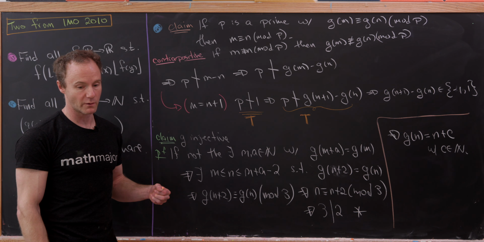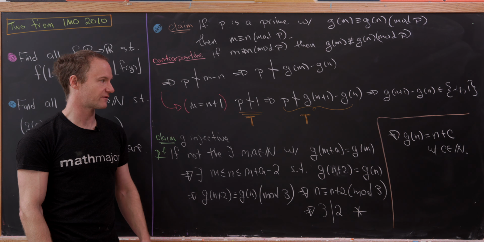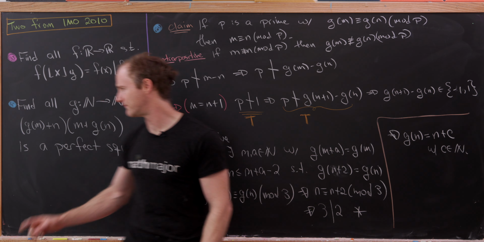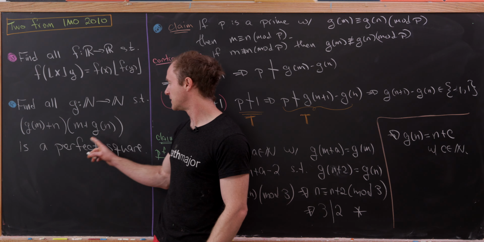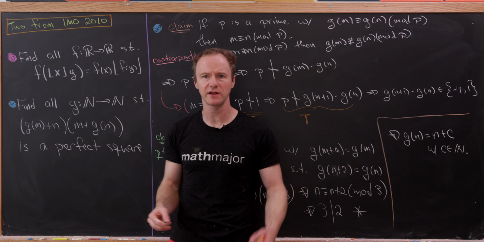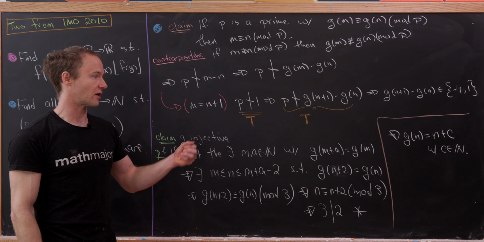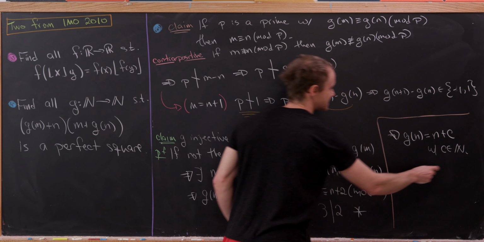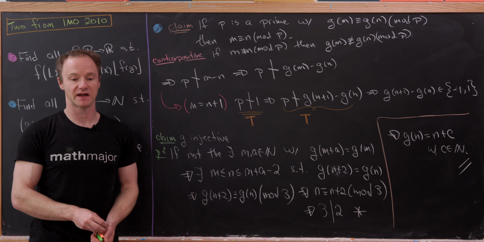And then from here, what we want to do is simply check that all functions of that form work, but they kind of obviously work, because if we replace this with m plus c and this with n plus c, then we pretty clearly have a perfect square. And, well, by all of our arguments, this is the only such function that satisfies this condition. And that's a good place to stop.